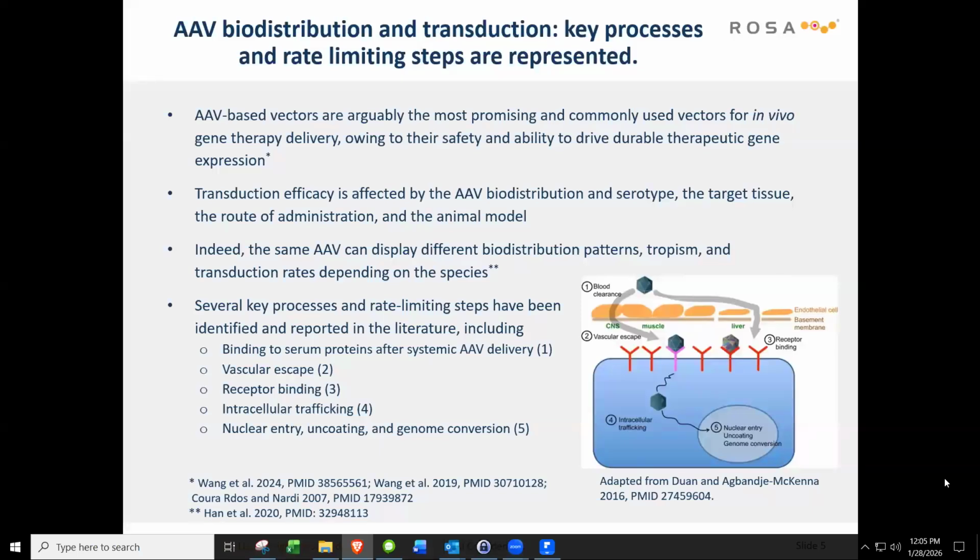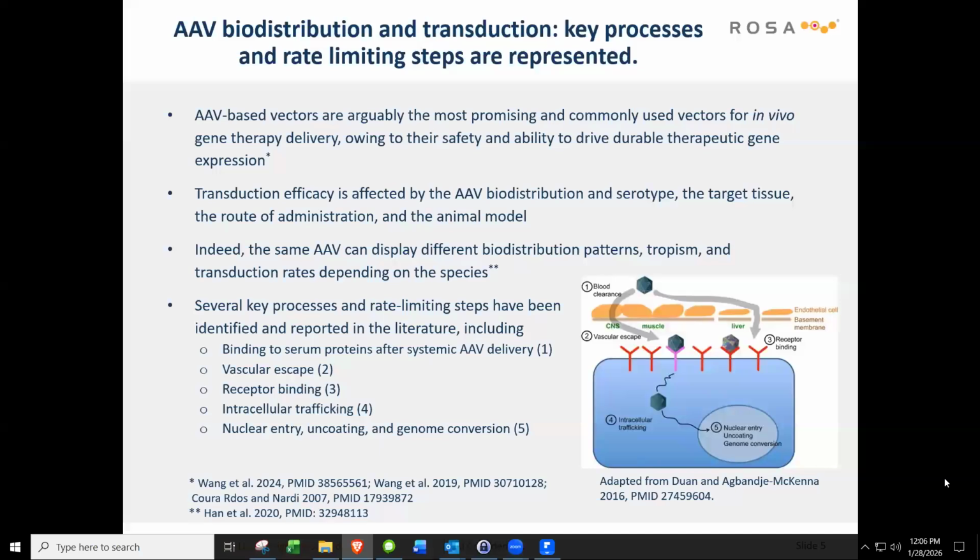Now, AAV-based vectors are the most promising and commonly used vectors for in vivo gene therapy delivery, owing to their safety and ability to drive durable therapeutic gene expression. Transduction efficacy is affected by the AAV distribution and serotype, also the target tissue, the route of administration, and the animal model. Indeed, the same AAV can display different biodistribution patterns, tropism, and transduction rates depending on the species.